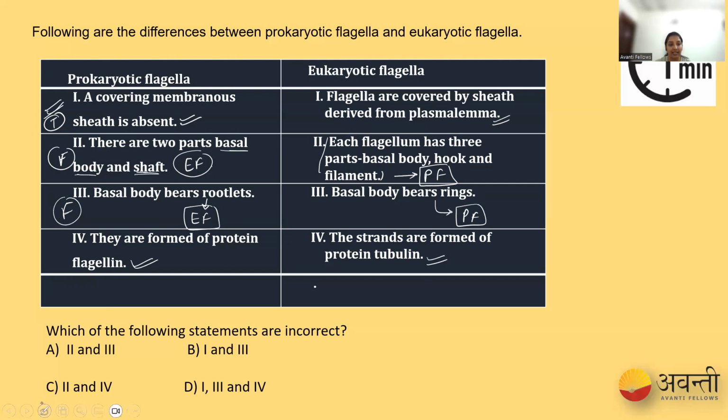Now the question is asking which of the following statements are incorrect. So statement number 2 and statement number 3 are incorrect. That means option number A. Statements 1 and 4 are correct, but statements 2 and 3 are incorrect.